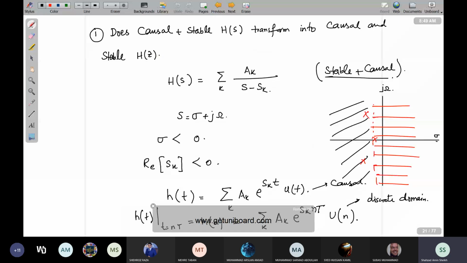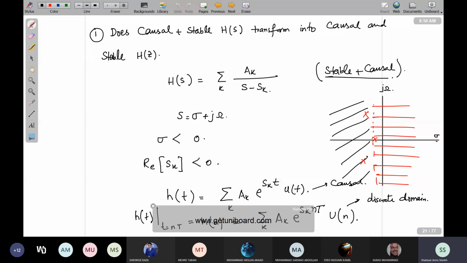And the question is: does the causal and stable H(s) transform into causal and stable H(z)? We started with a very simple transfer function H(s), which is rational, and it is given that it's stable and causal. So that's my transfer function H(s), and I know that for stability and causality, all the poles must be on the left hand side of the j omega axis.